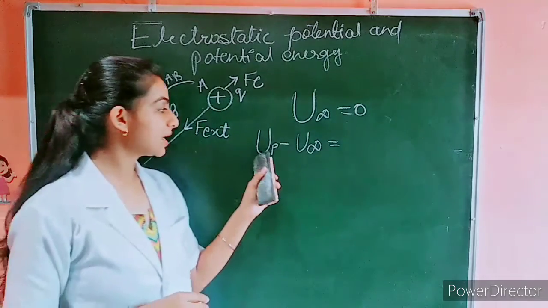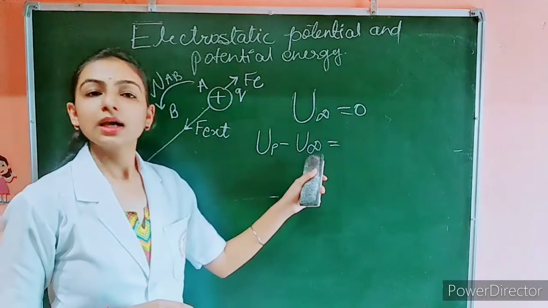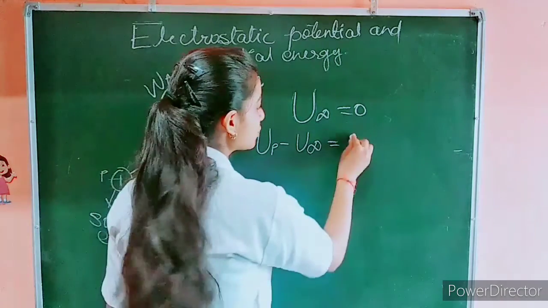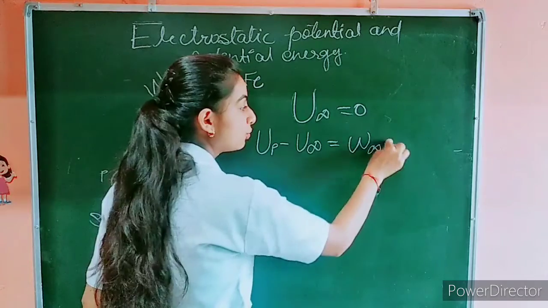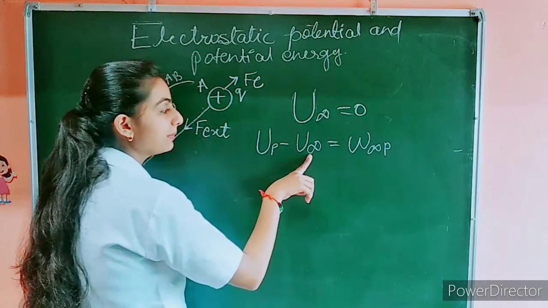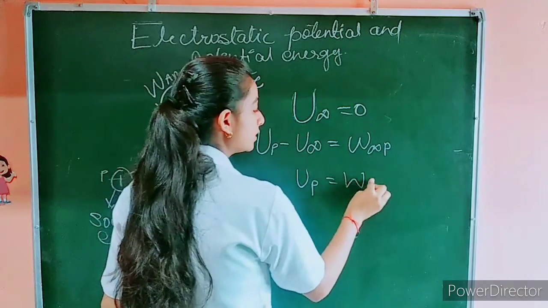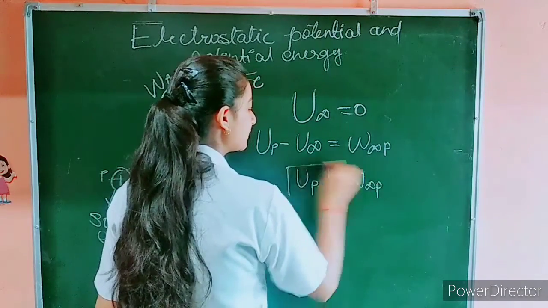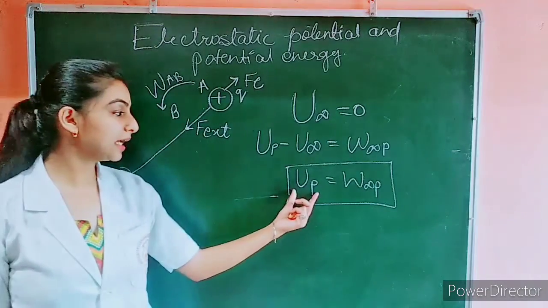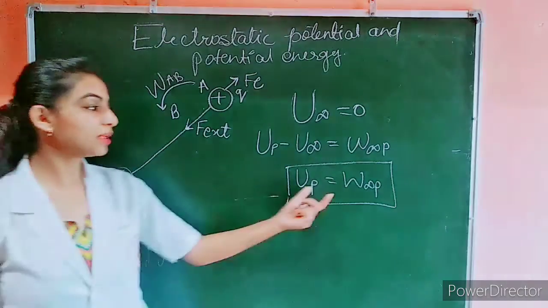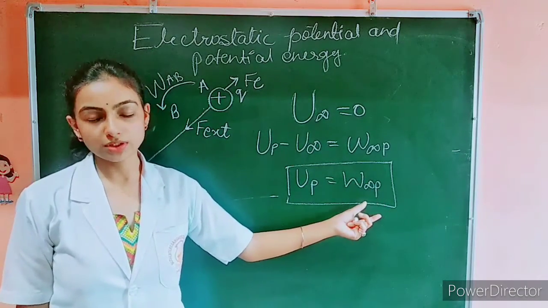The potential energy difference between point P and infinity is equal to the work done in bringing a charge from infinity to point P, and the infinity term becomes 0. So UP is equal to the work done in bringing a charge from infinity. So we can say that the potential energy present at point P will be equal to the work done in bringing a charge from infinity to that point.